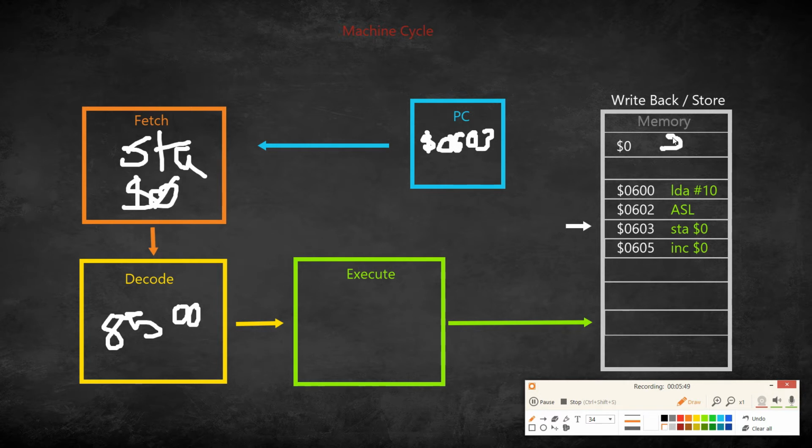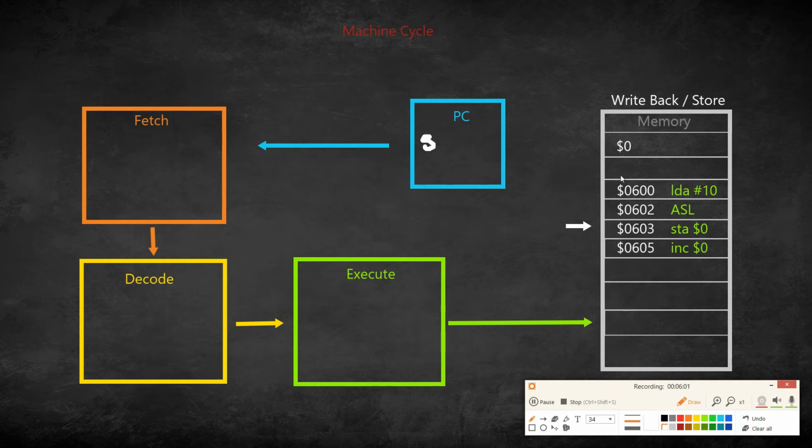I think it is hex for 14, if I remember right. And then the last one, we're going to increment the memory location by 1. So it will be probably 13, this is 14. So that's pretty much a machine cycle.